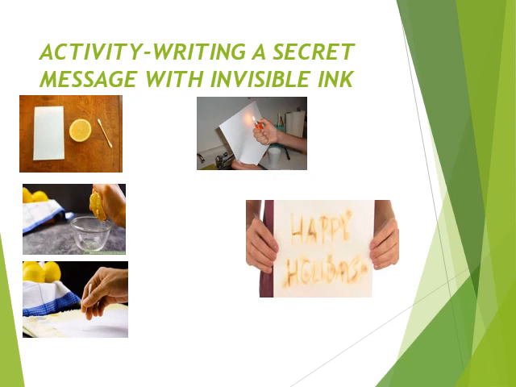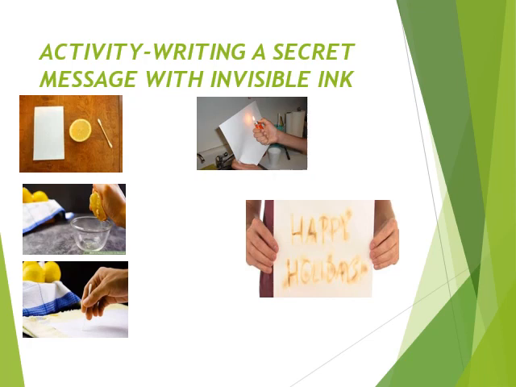For this activity, you need lemon juice, a sheet of paper, a brush or an earbud, a candle, and a matchbox. Now what is to be done is just take the sheet of paper and dip the brush or cotton swab in the lemon juice and write your message on the sheet of paper with it.